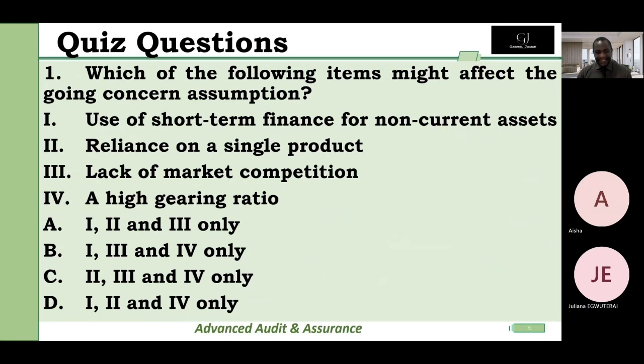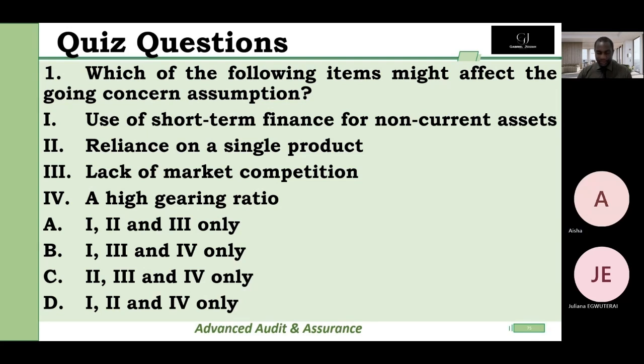So the answer is D, 1, 3, and 4. Lack of market competition will not affect it. Use of short-term finance for non-current assets, of course, will affect it. Reliance on a single product, of course, big one. Higher gearing ratio, big one, where you have more debt to equity. So lack of market competition is not.